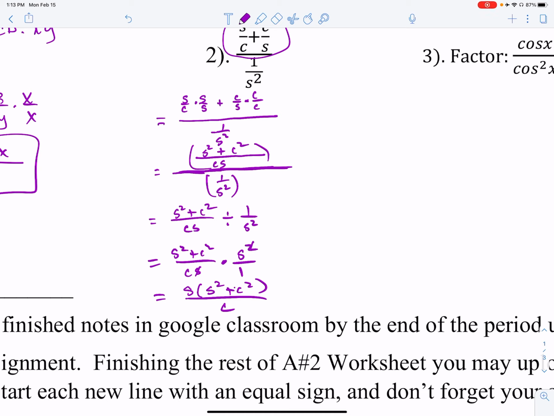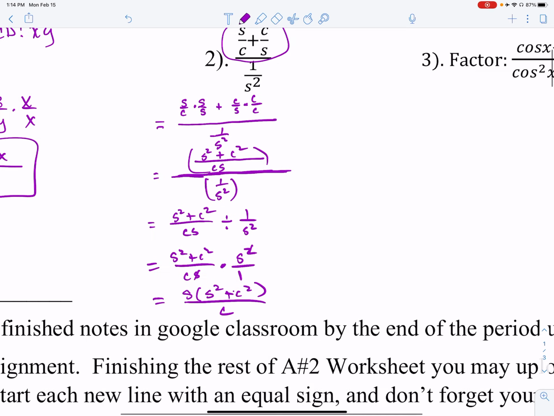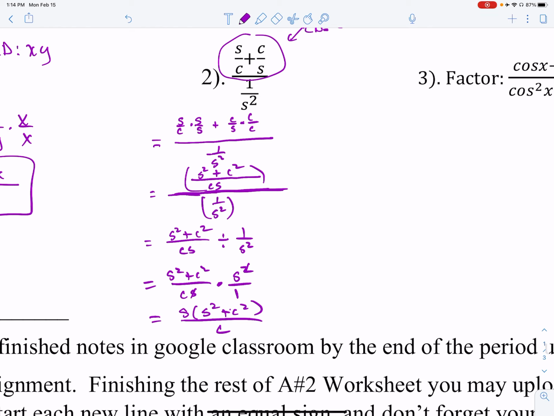At that point, I could distribute the s, but I can't cancel anything, because of the addition of that second quantity. That's what I can do with that. There's nothing else really to do with that. S squared plus c squared times s all over c.